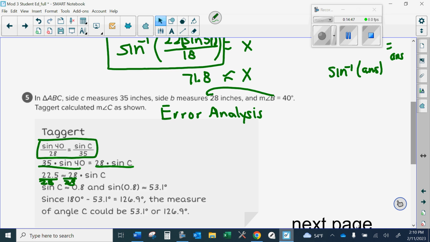Now here's their problem, right? They did sine, so they'd have sine of C is approximately 0.8. How do I solve for C? I have to do inverse sine of 0.8. That's where they blew it. They did sine of 0.8. Okay, completely off right there.